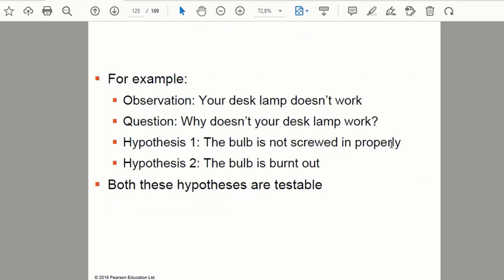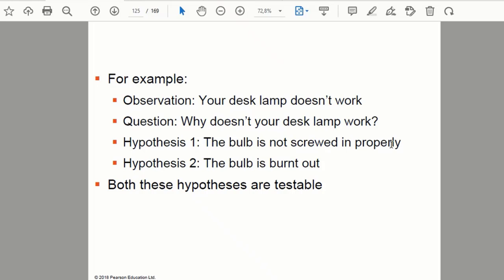For example, your observation is that your desk lamp doesn't work, so there's a question: why doesn't your desk lamp work? Hypothesis one is that the bulb is not screwed in properly. Or number two, the bulb is burnt out.